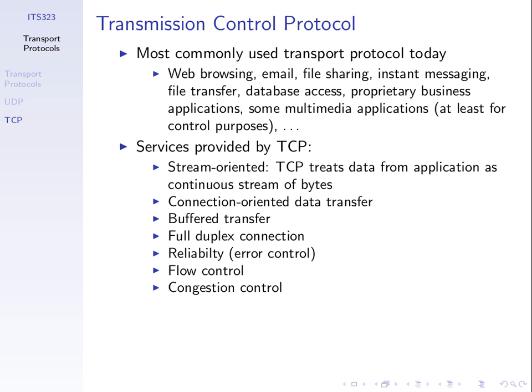You know the basics of flow control, stop and wait, sliding window. TCP uses sliding window. We will not explain congestion control, and we will not explain the details of setting up a connection, just a simple case. Because it's very complex, it takes several lectures to cover those features.